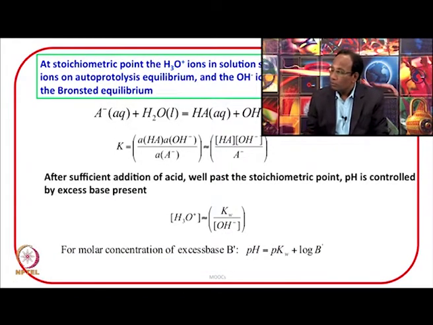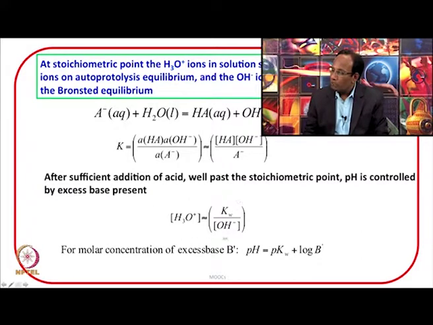Then again, if I take the logarithm on both sides and set minus log H3O plus as pH, and OH ion concentration will result in pOH, and then use pH plus pOH is equal to pKw. I am skipping a step over here.